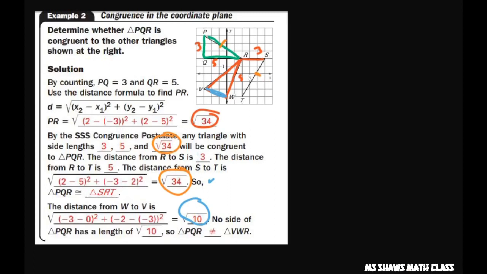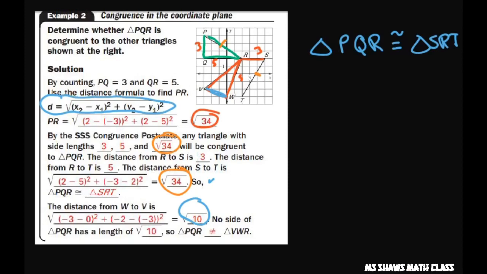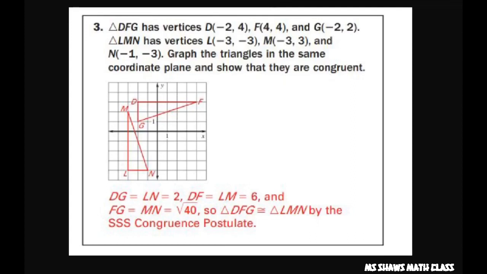So our triangle PQR is only congruent to triangle SRT. So you need to know your distance formula when we're doing these problems, because all 3 sides have to be congruent.